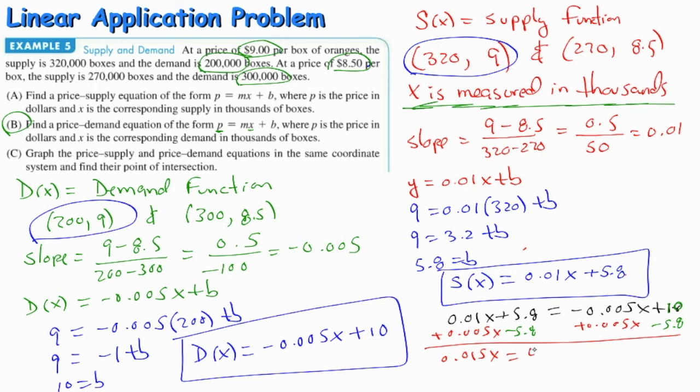That gives us 4.2. And x is equal to 280. And if we plug that 280 into either of these equations, we can find the price.